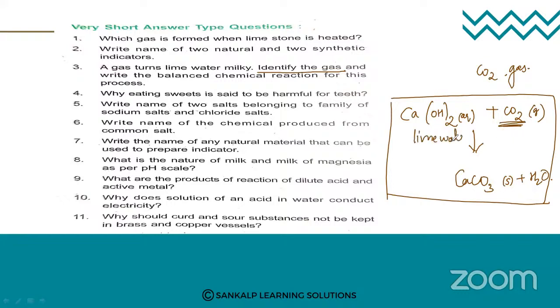When you pass carbon dioxide gas through lime water, it gives you calcium carbonate and water. This calcium carbonate forms a white precipitate. Fine, so this is the answer. Let us go for the next one.